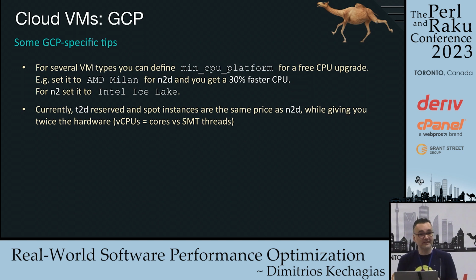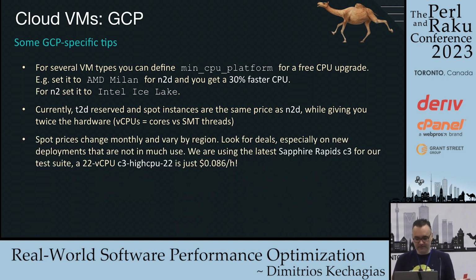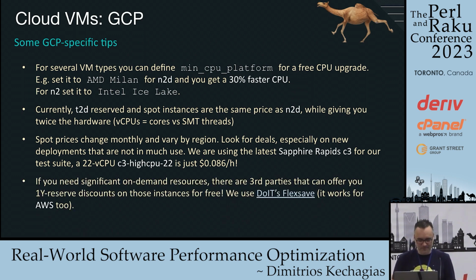And currently the T2D are the same price as N2D, and will give you twice the actual physical cores. And check spot prices, because there are some amazing deals at times, especially the brand new Sapphire Rapids. It seems nobody's using them. So we can get a 22-core one for 0.086 per hour, which is not as much as we would pay for running the power on them, probably.